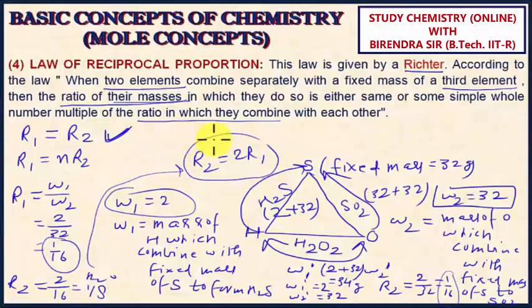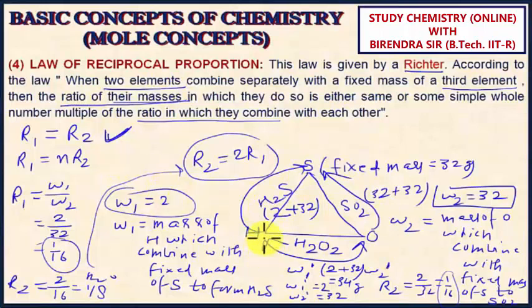And according to the law, the two ratios will be either same or multiple of each other. My point is clear? Now, first of all, this law involves three elements.